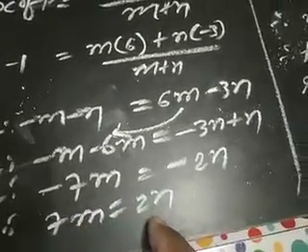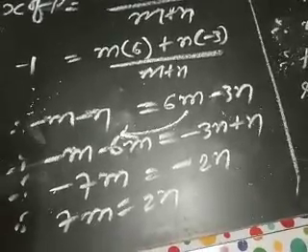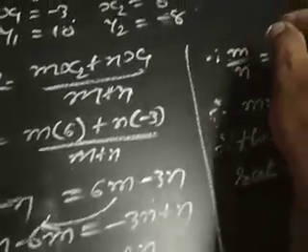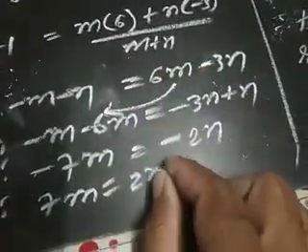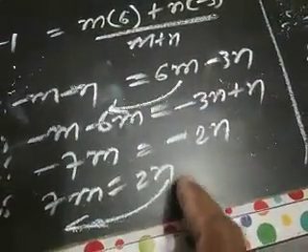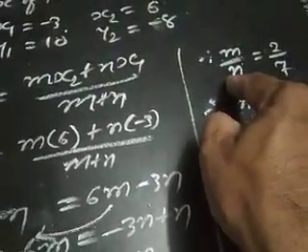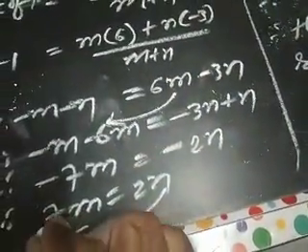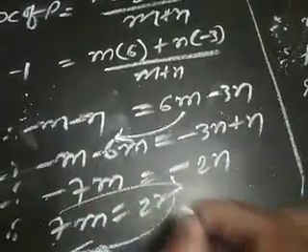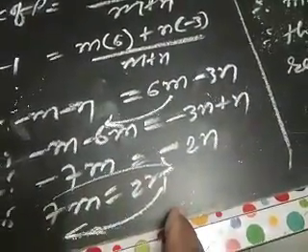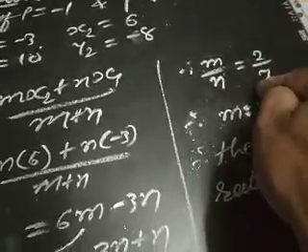Now we need the ratio, which is in division form, m upon n. So we bring n to this side, only n, and 7 goes to the other side in division, so m upon n is 2 upon 7.